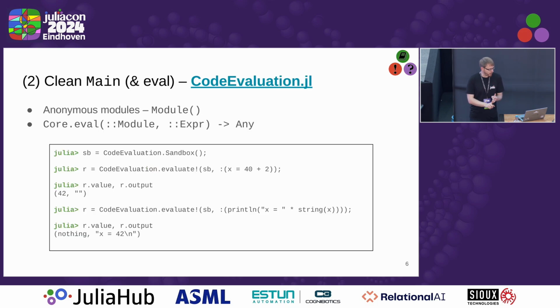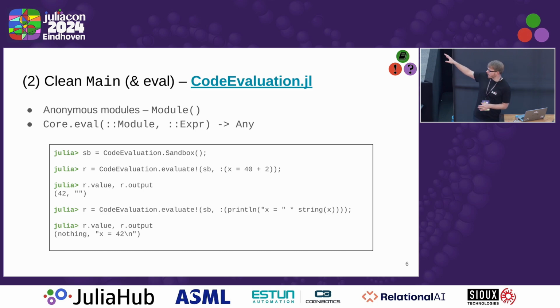2. For the clean main environments, what you can do is use anonymous modules. In Julia, you can construct an empty module using the module function call. And then you can start evaluating into that. If you want to make it look like Main, you also have to do some additional tricks, because the module is going to have a random name, and when you're evaluating into Main, like in the REPL, you get stuff like the ans variable getting set. So Core.eval by default doesn't do any of that for you.